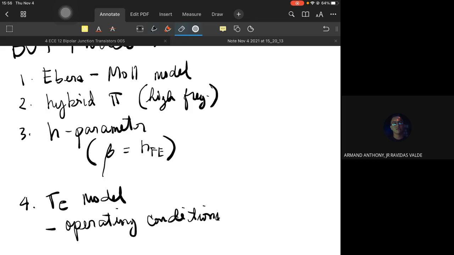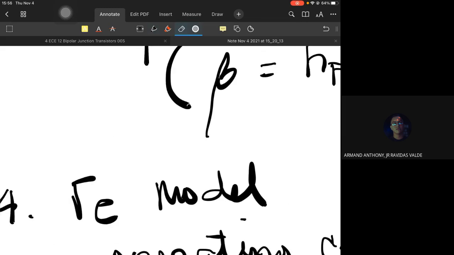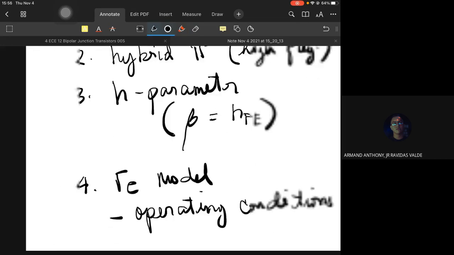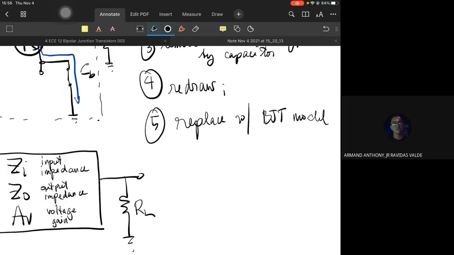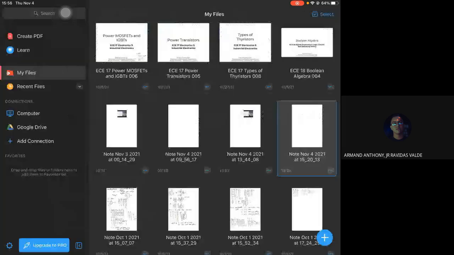That's why we'll use the re model for our BJT. So, the last step, we replace our withdrawn circuit with the re model for the transistor. So, the re transistor model.